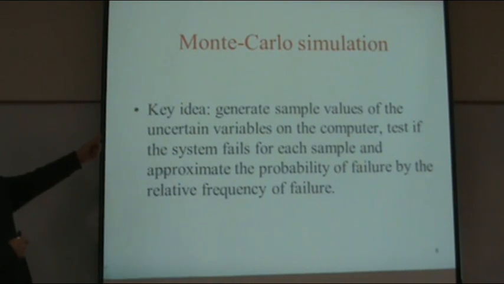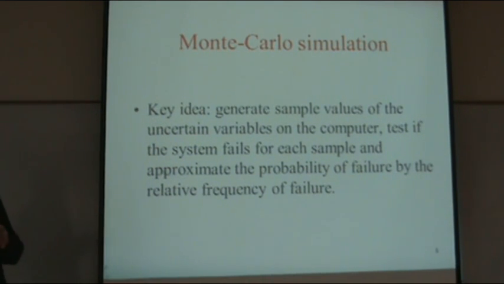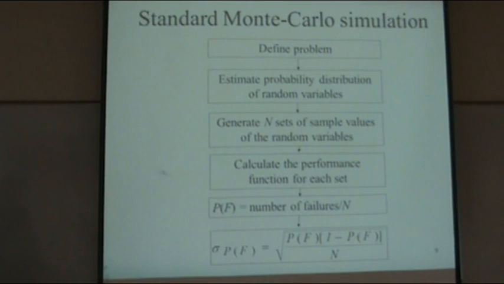So let's review what we did about standard Monte Carlo simulation. The idea is to generate on the computer sample values of all the variables, test for every combination of values if you have survival or failure, and then the relative frequency approximates the probability of failure. This is a pretty intuitive approach.